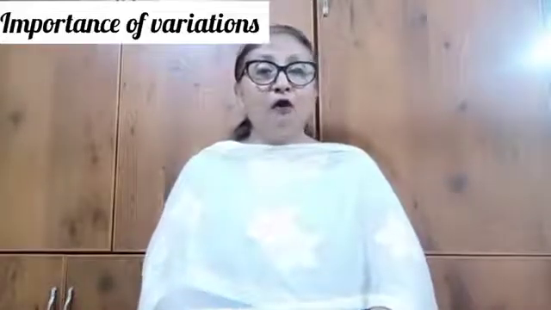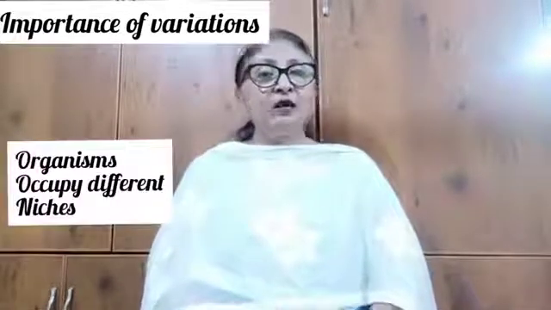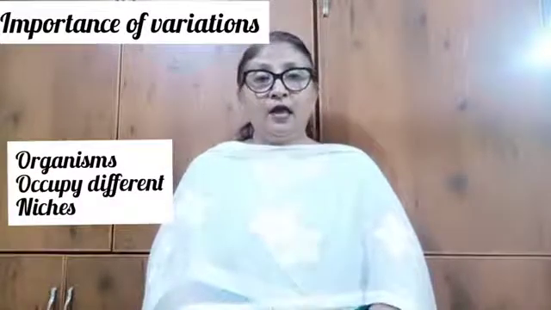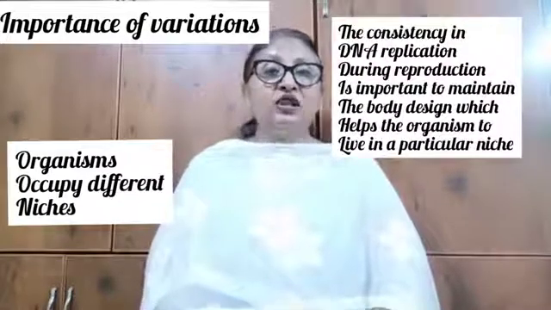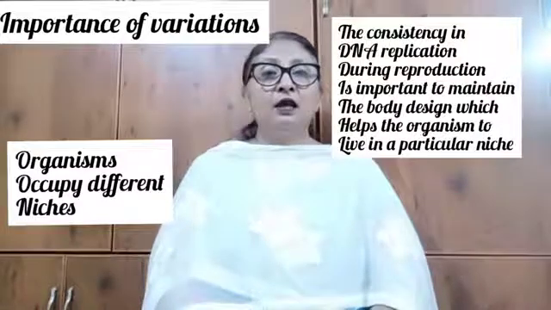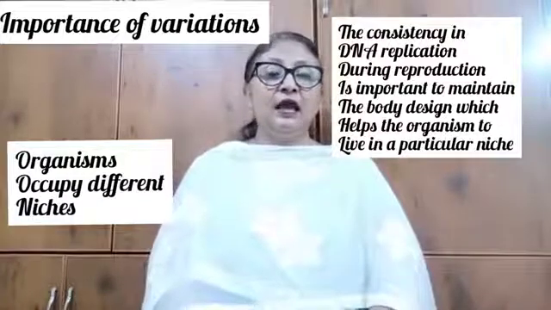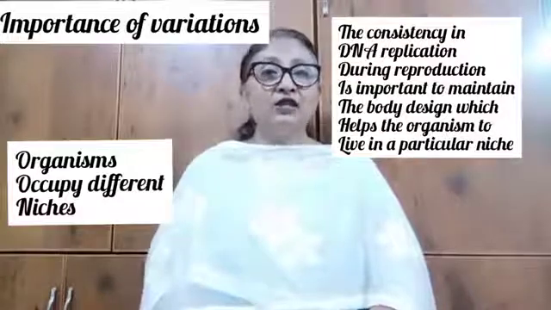Now let us see what is the importance of variation. Organisms occupy different niches. Now what is the meaning of niche? Niche means habitat. The consistency in DNA replication is important because then only the body design can be maintained and the organism can occupy that particular niche.